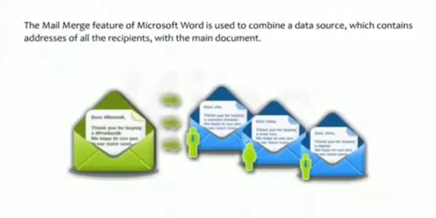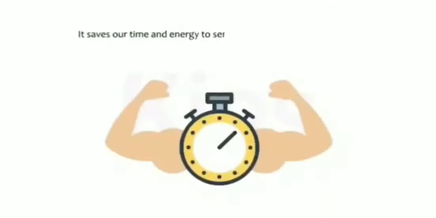Mail merge is basically used to reduce the time to send all the similar letters or similar information to multiple addresses of the receivers. It saves our time and energy to send letters at multiple addresses.